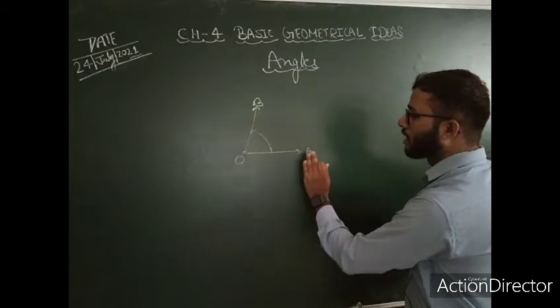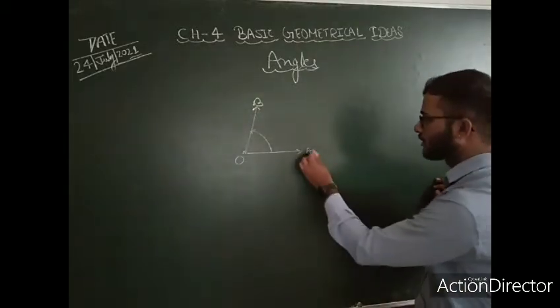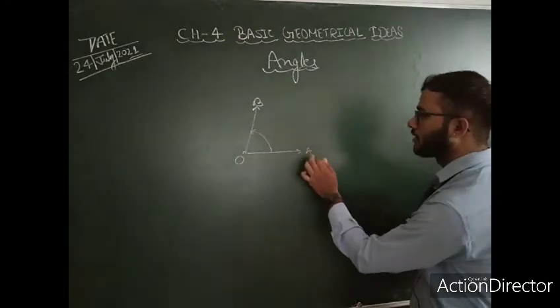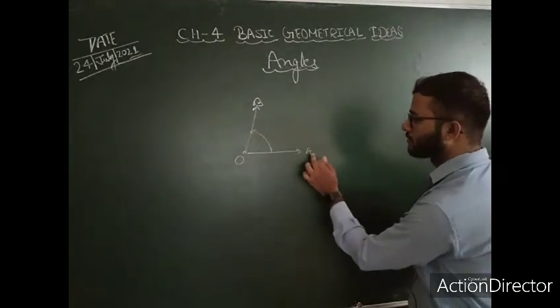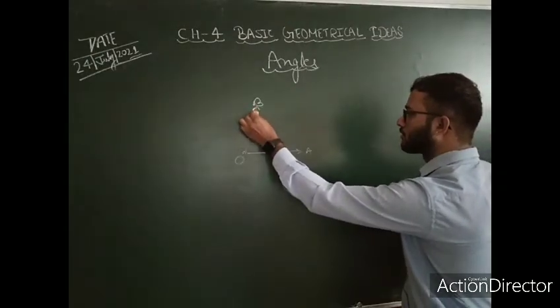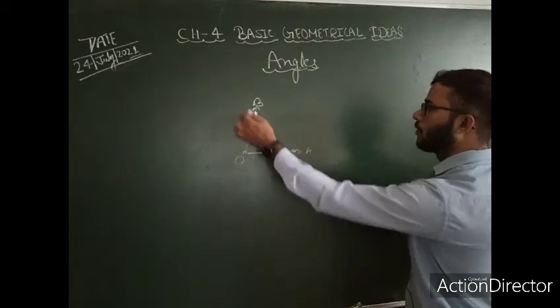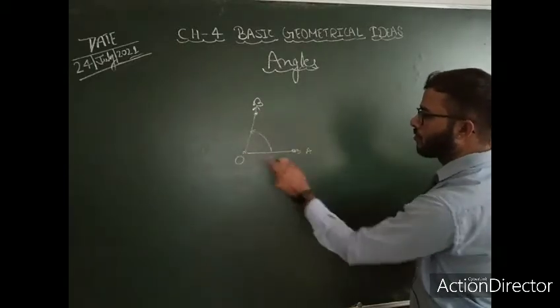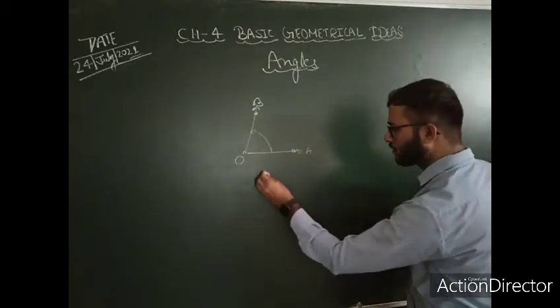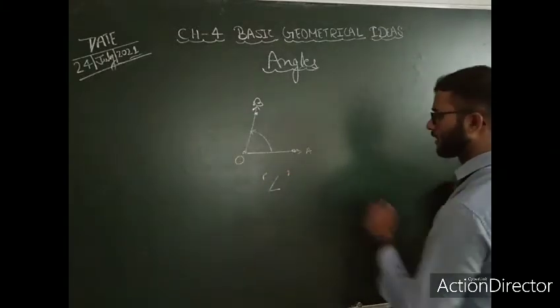We learn about how to name an angle. There are two methods to give the name of an angle. First we read it like this, AOB, and also BOA, and we use this symbol to denote an angle.